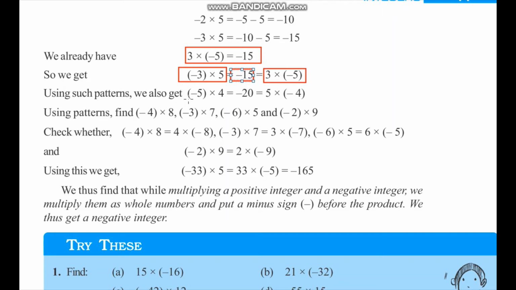Using such patterns, we can also get the value of minus 5 times 4, that is minus 20, and 5 times minus 4, that is minus 20. Next, you need to find minus 4 times 8 and the following multiplication results. Also check whether the sign you can place it in the first integer or in the second integer.